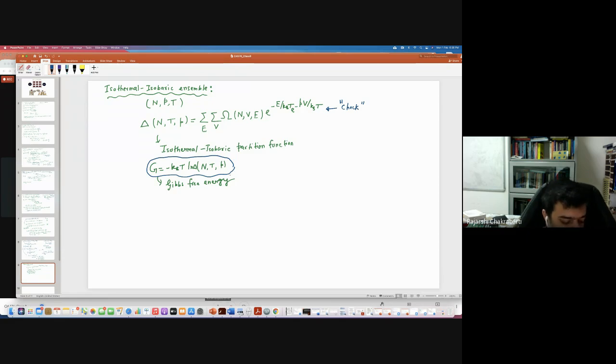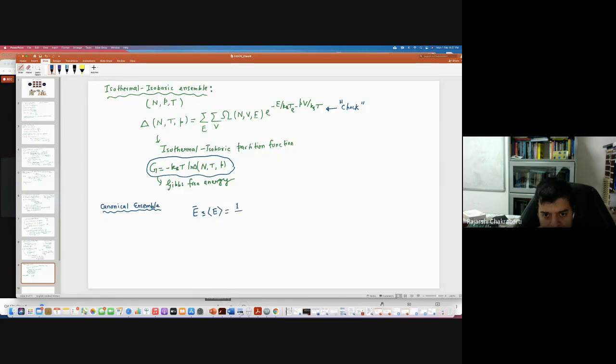Now we'll calculate something else. I go back to the canonical ensemble and I know my definition of E average, this way. You remember this?